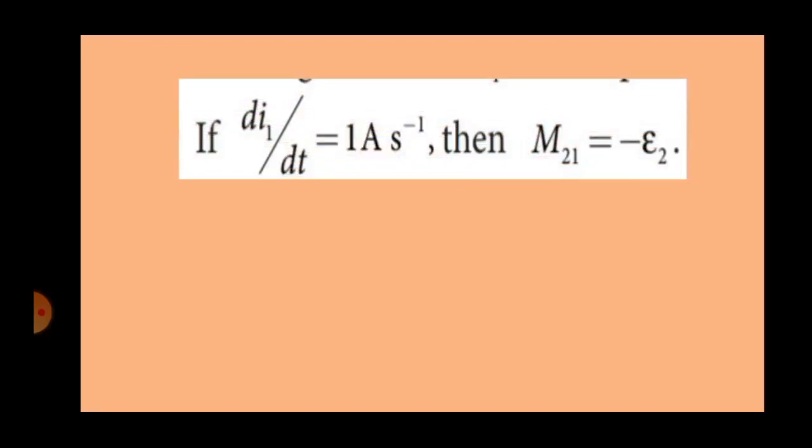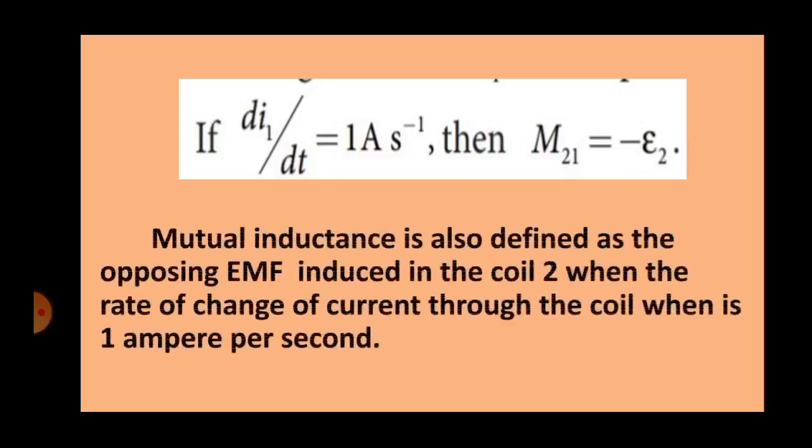Okay. Then mutual inductance is also defined as the opposing EMF E2 induced in coil 2 when the rate of change of current through coil C1 is 1 ampere per second.